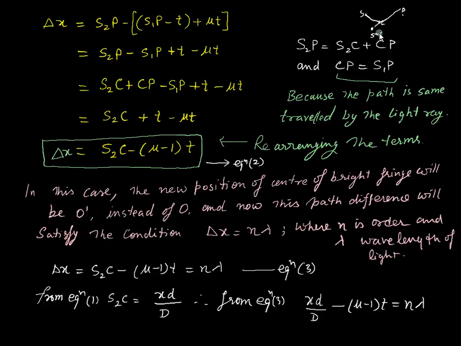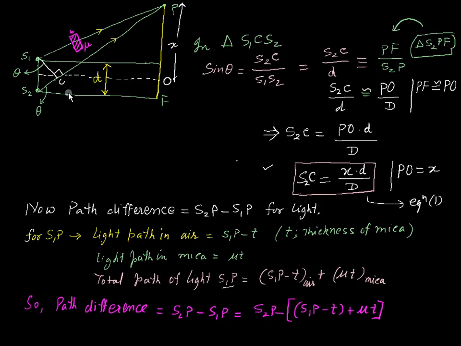If you remember the last picture, you can write S2P is equal to S2C plus CP, and CP is equal to S1P because the path traveled by the light ray is the same. So if I have to write S2P, I can use the sum of S2C plus CP. The second point, S1P is equal to CP, right? This is the equal distance.